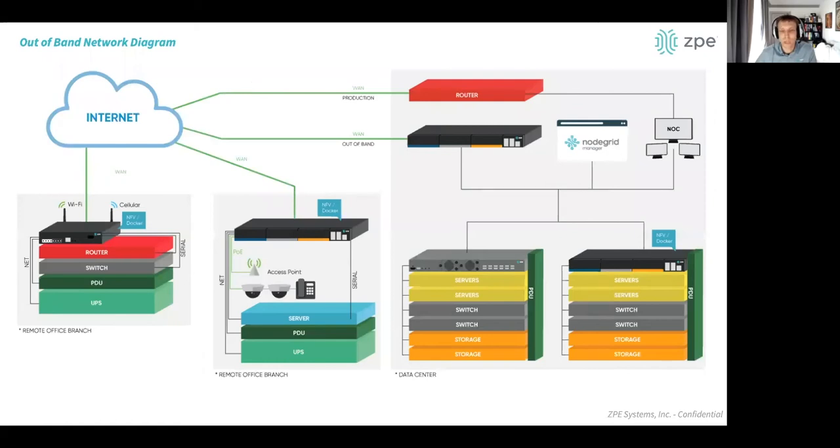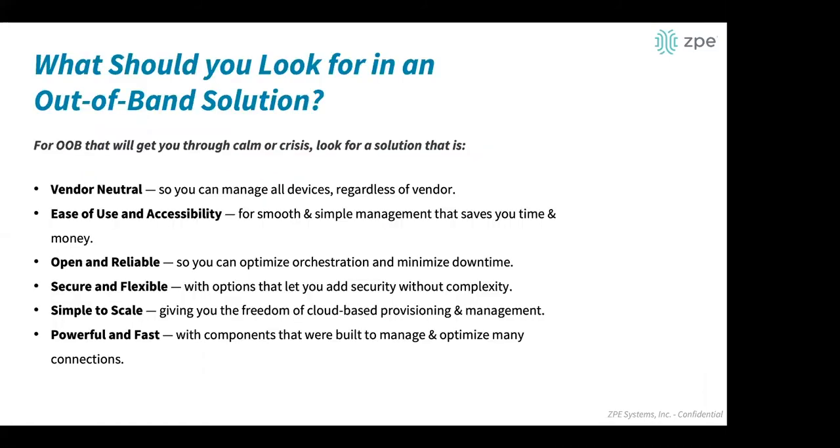Yeah, okay, perfect. So in a modern out-of-band system, what are you looking for? As I mentioned, out-of-band solutions have been around for quite a long time, so over the years there have been a lot of different solutions and technologies.